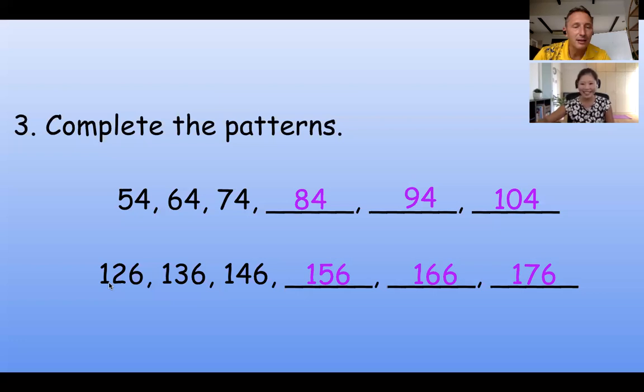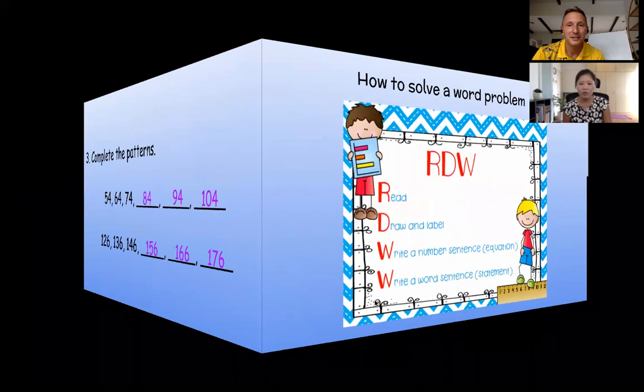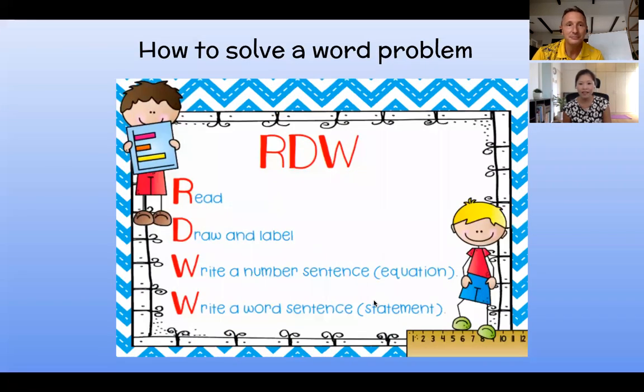I did, yeah, because when the number's in black, all the hundreds stay the same. So I have 100s, and then all the sixes, the ones stay the same. And the only number that's changing is that number in the tens place, that 2, 3, 4, 5, 6, and 7. So it's 10 more each time. Yeah, that's right. Okay, so let's move on to our lesson today.